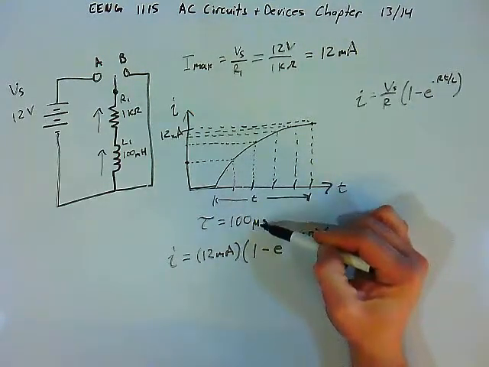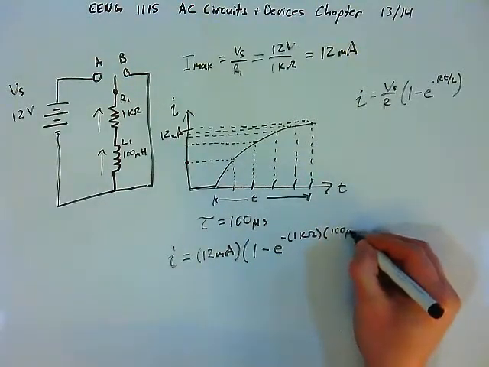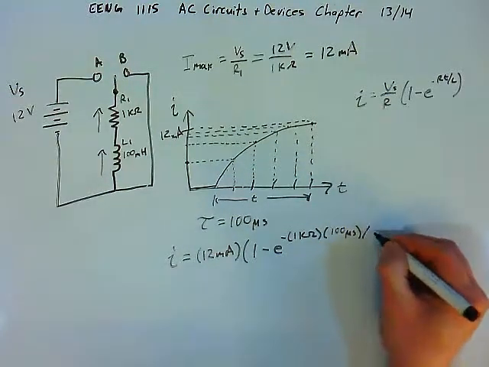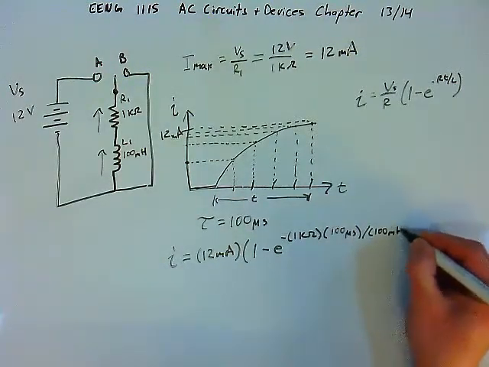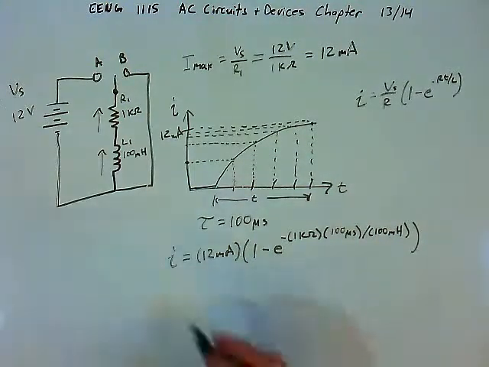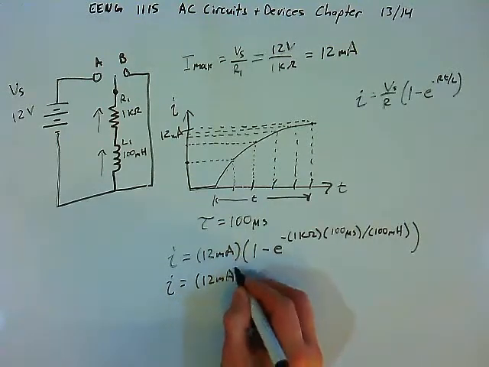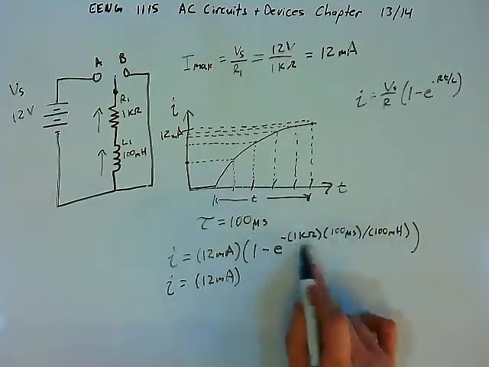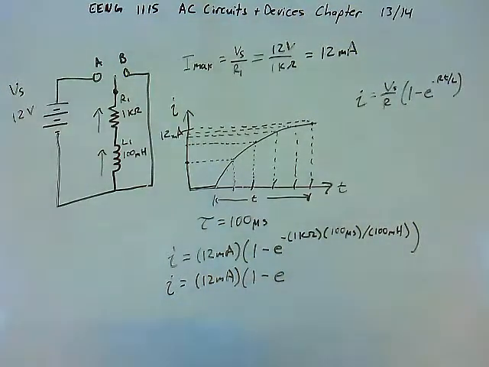In this example, I want to know the current at 100 microseconds, divided by the inductance, which is 100 millihenries. And so to solve for the instantaneous current, we will start by evaluating the exponent of e. Right, so let's figure out what the exponent of e is first. So it'll be 1 minus e to this power.